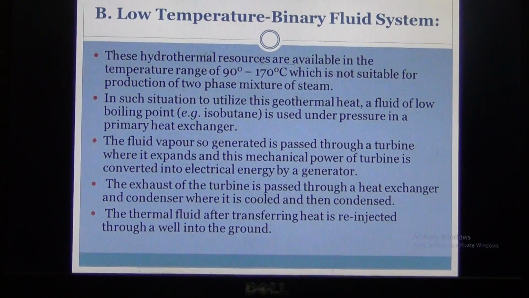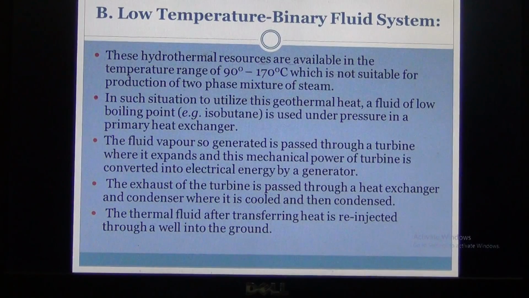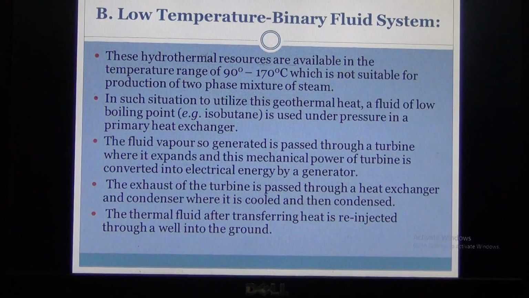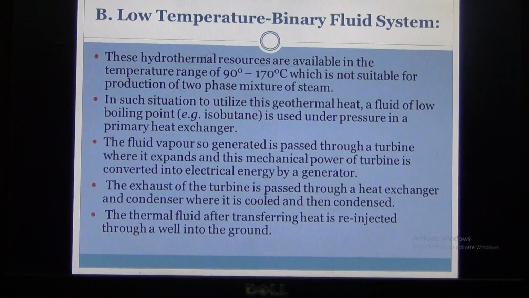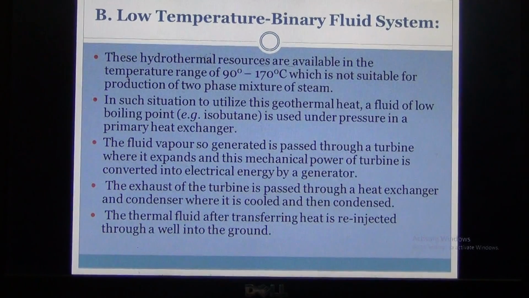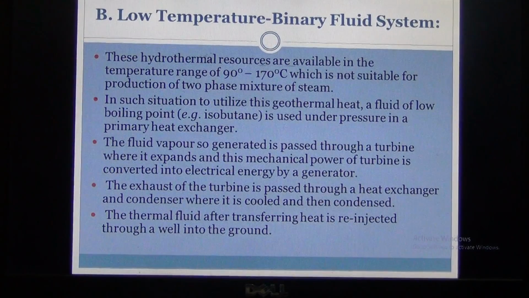Low temperature or binary fluid system. These hydrothermal resources are available in the temperature range of 90 degrees Celsius to 170 degrees Celsius, which is not suitable for production of a two-phase mixture of steam. In such a situation, to utilize this geothermal heat, a fluid of low boiling point, for example isobutane, is used under pressure in a primary heat exchanger.